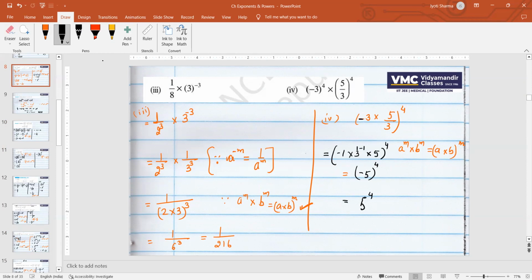Minus 3 can be written as minus 1 into 3. So this has become 5 raised to the power 4. Here I can write minus 1 into 3 raised to the power 0 into 5 raised to the power 4 minus 4, so minus 1 into 5 raised to the power 0.